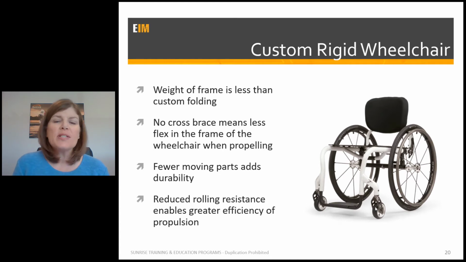So I'm not losing some energy through any flex that's occurring. The other benefit of a custom rigid wheelchair is that because I have fewer moving parts, these chairs tend to be more durable. So I don't have swing-in, swing-out foot supports that might need some adjustment over time.